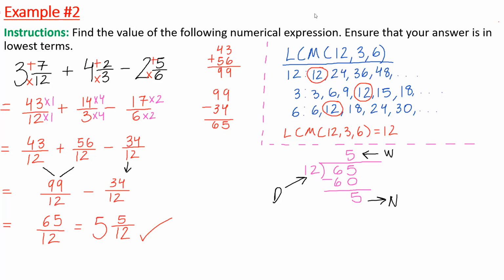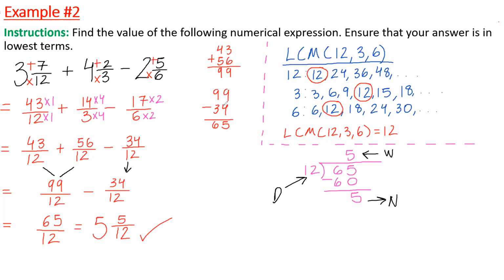Giving us 43 over 12 plus 56 over 12 minus 34 over 12. We add first 43 plus 56, which is 99, take away 34. And we subtract 99 take away 34 is 65 over 12. Then after that, we divide. 12 going into 65 5 times.